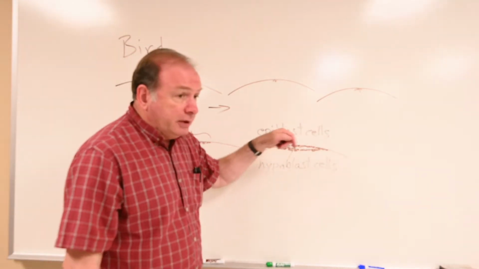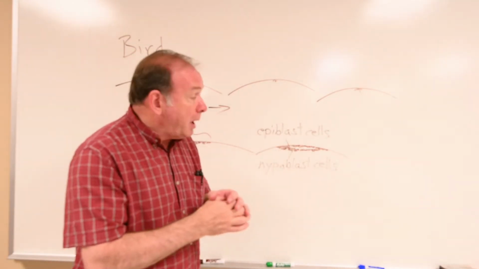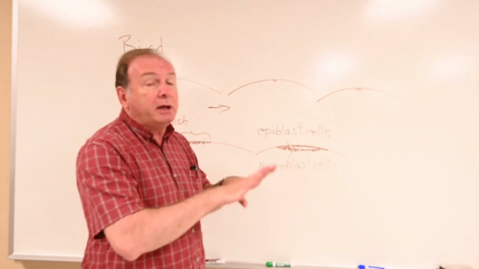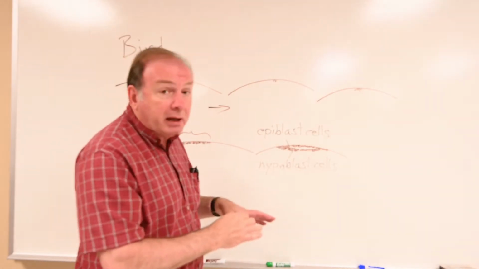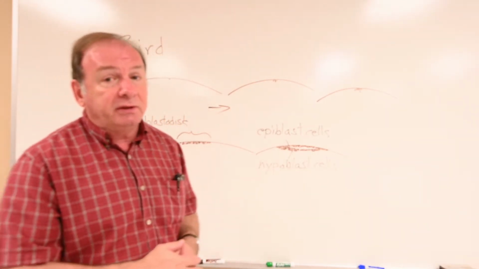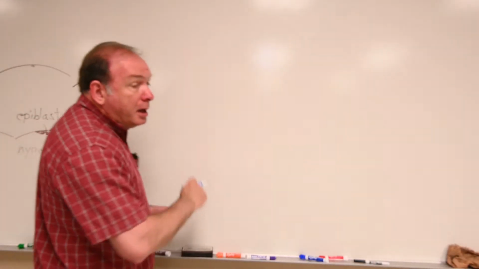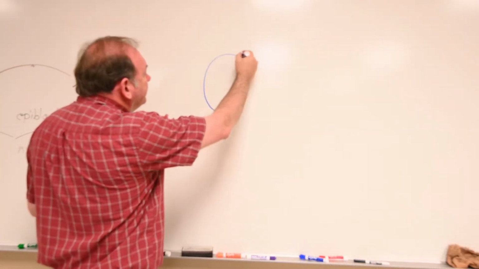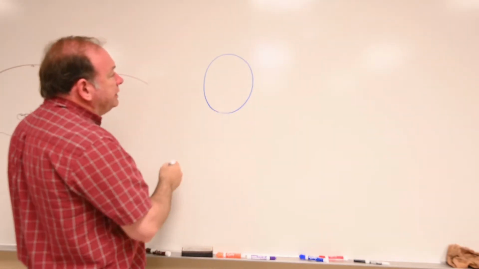Now, like I say, this forms a little circular spot on one end of the yolk. Next thing we're going to do is look down at that circular spot from above to see the next events in the developmental process of the chicken egg. I'm going to use blue here to represent the upper layer of cells, the one that you can see from the top.